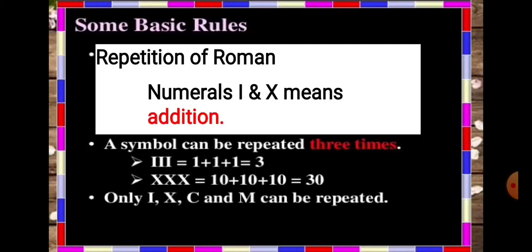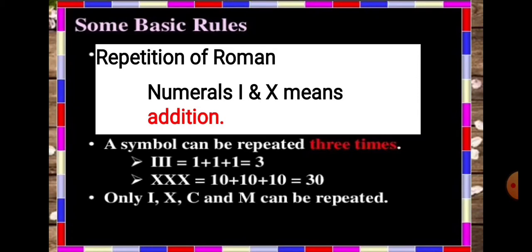Let's learn some basic rules. Repetition of the Roman numerals I and X means addition. A symbol can be repeated 3 times. For example, III is equal to 1 plus 1 plus 1, which is equal to 3.